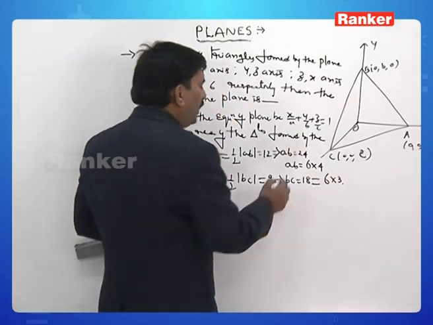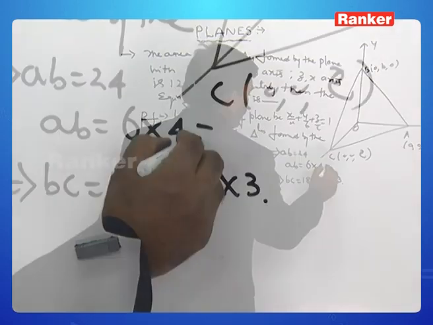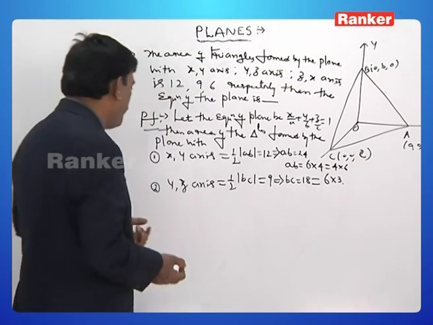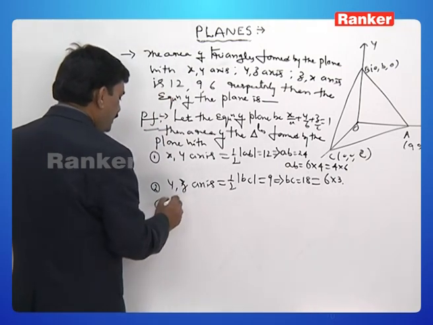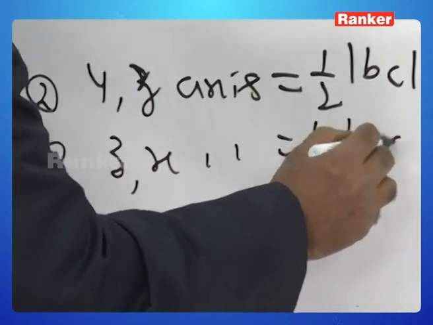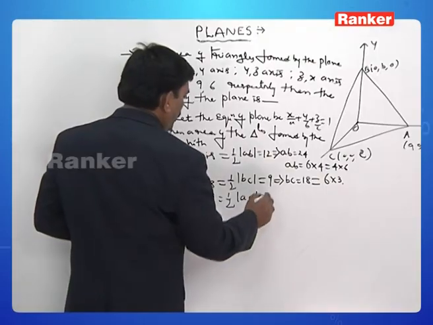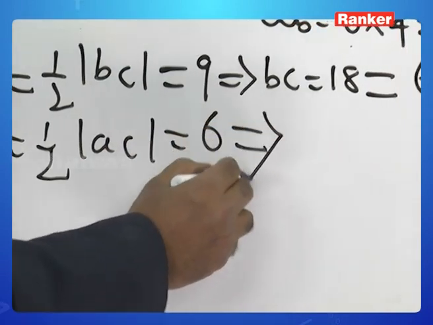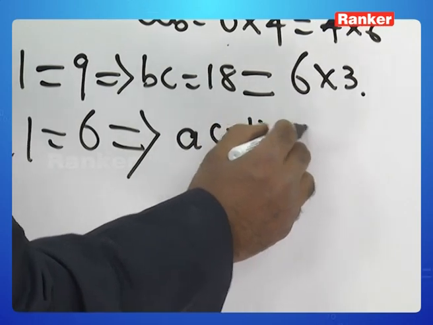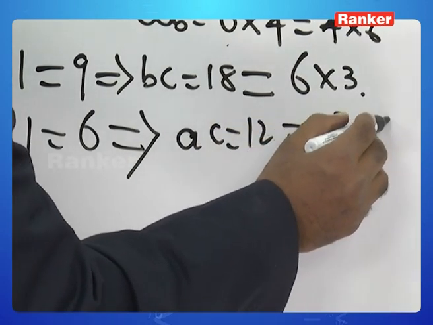Right? Now better you change this as 4 into 6 also. You can write it, it makes no difference. Now third one is z comma x axis is equal to half into modulus of AC is equal to 6, which implies AC is equal to 12 is equal to 3 into 4.